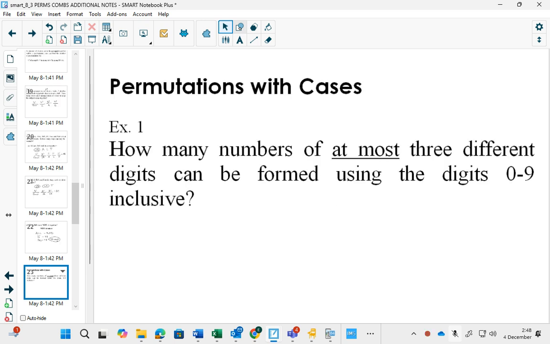Our last strategy in permutations is called cases. Sometimes you try to count something directly or all at once, and it doesn't work. So you count it separately in different situations or different cases, and then just add it up to get the total.